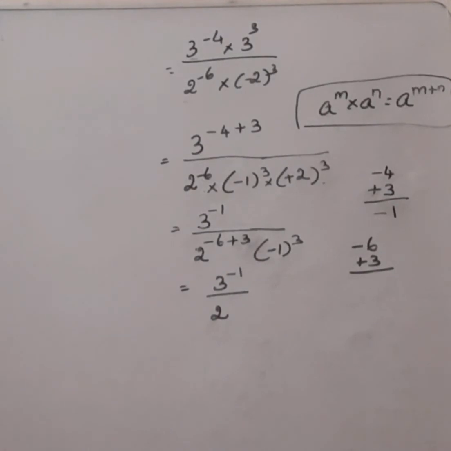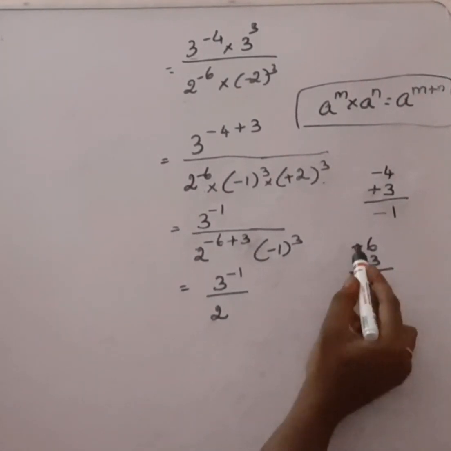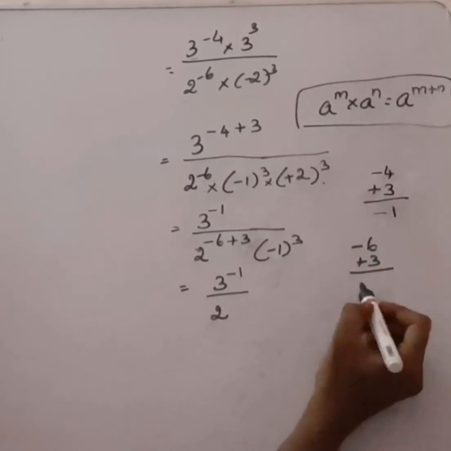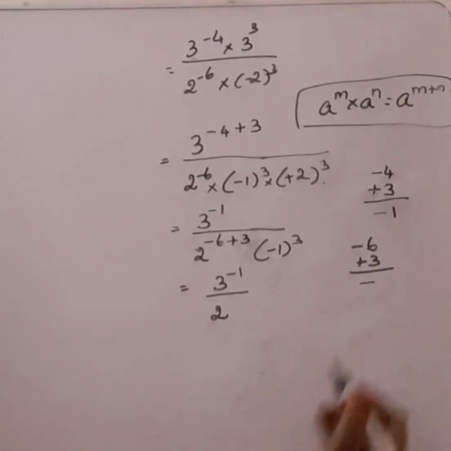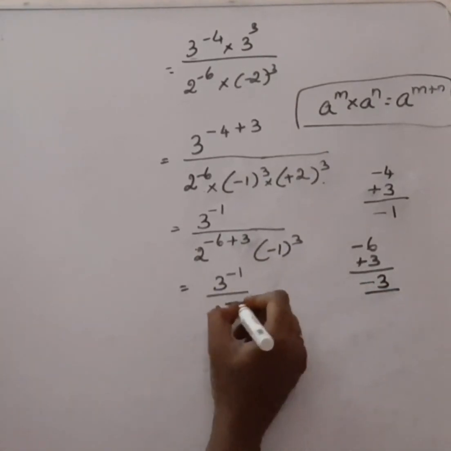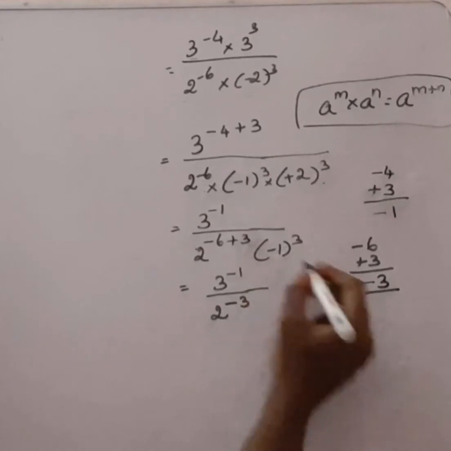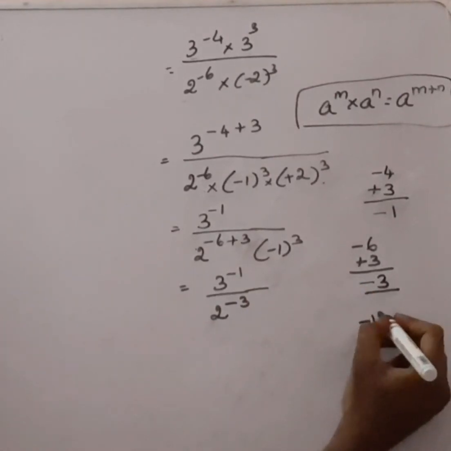Now, 3 power minus 1 divided by 2 power minus 6 and plus 3. The same process. If both numbers have opposite signs, we want to subtract them. So, minus 6 and plus 3. Which is the greatest number? 6. So, minus 6 plus 3, what's the answer we get? Minus 3. So, 2 power minus 3. In the denominator, we have (minus 1) the whole power 3.